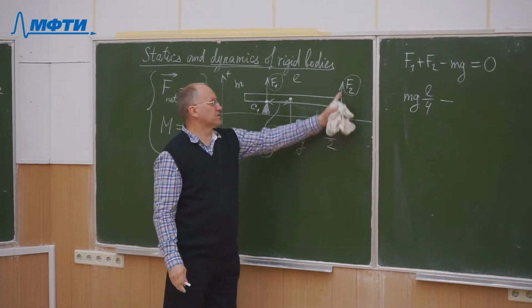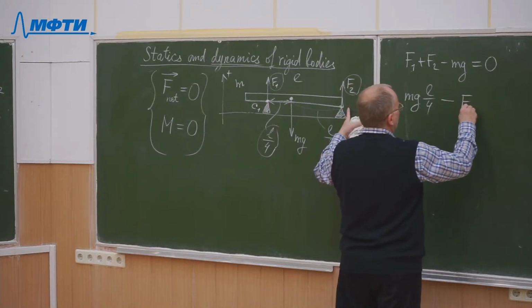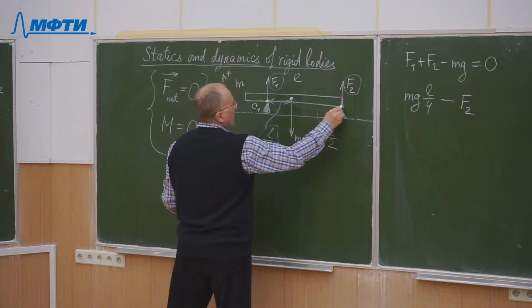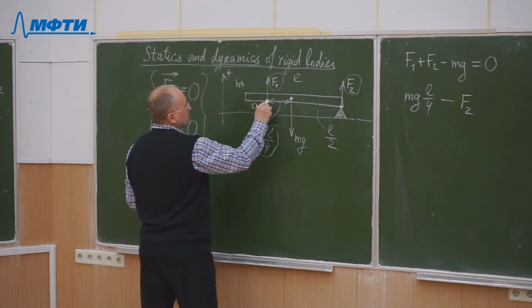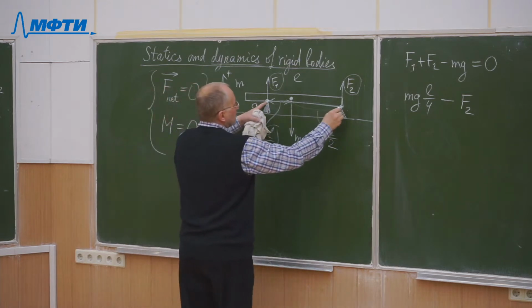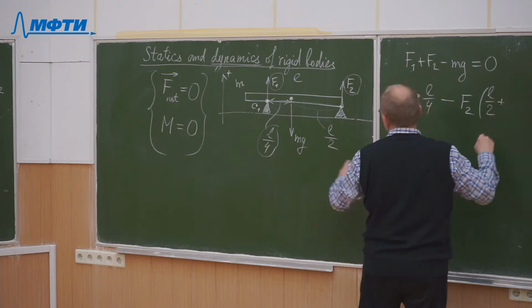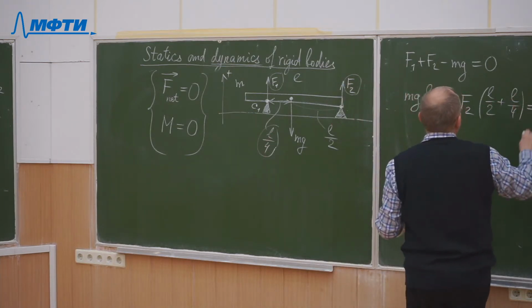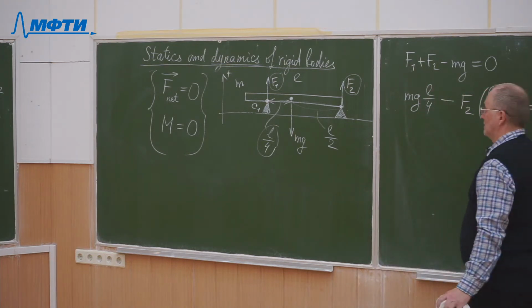So the corresponding torque will be negative. And the torque will be F2 multiplied by the distance from this point of application of this force to the axis of rotation. And the distance is L/2 plus L/4. That is the total torque acting on the bar.